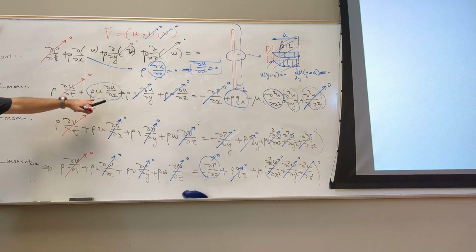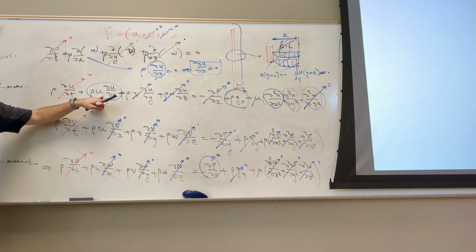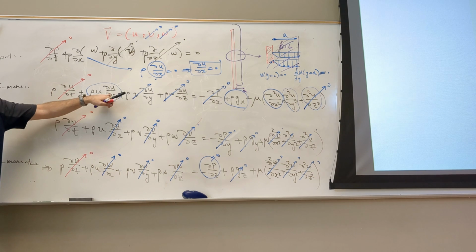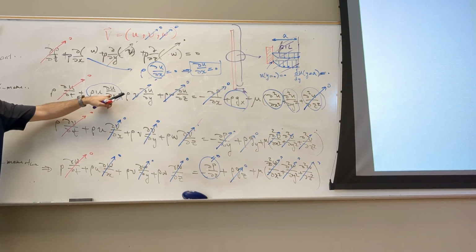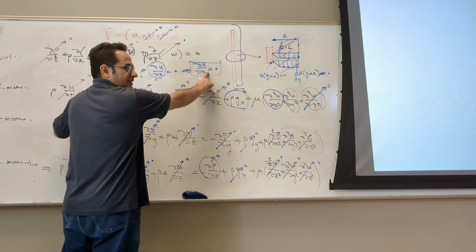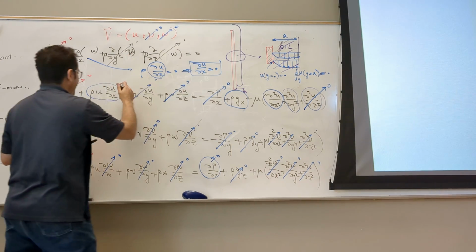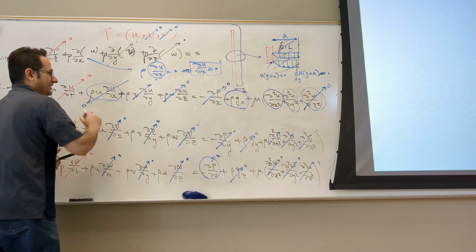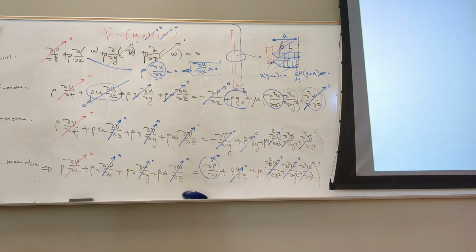Now look at this term. What is it? U times the divergence of velocity. U was not 0, right? But according to continuity, the divergence of velocity is 0. So what does it mean? It's 0. Now you may say, well, I'm a little bit scared. Everything is becoming 0. That means I can't solve the problem if everything is 0, right?